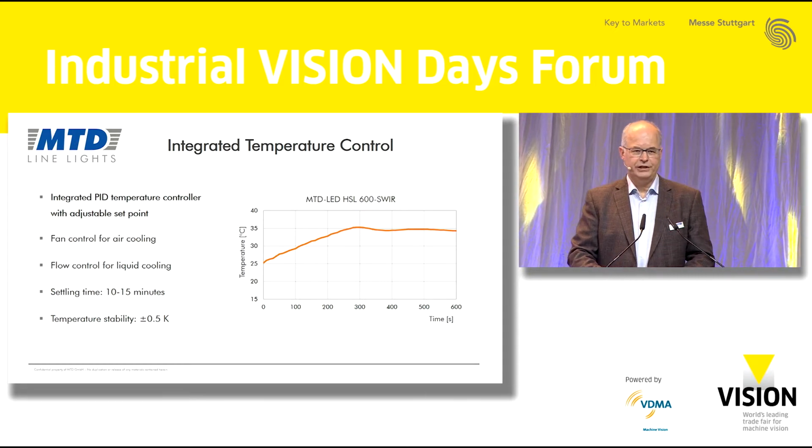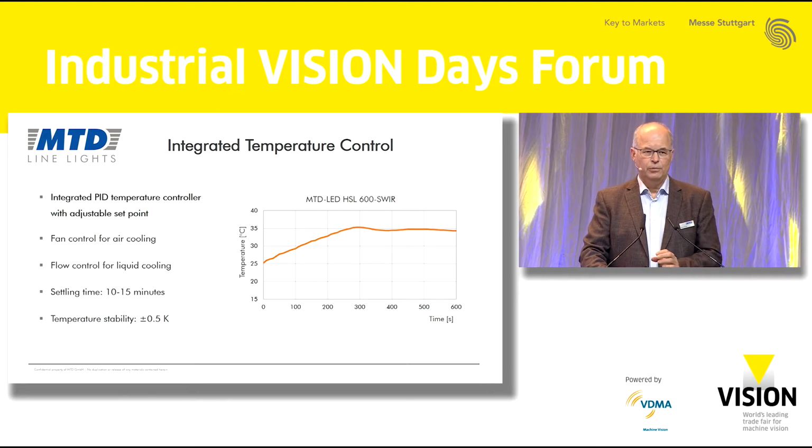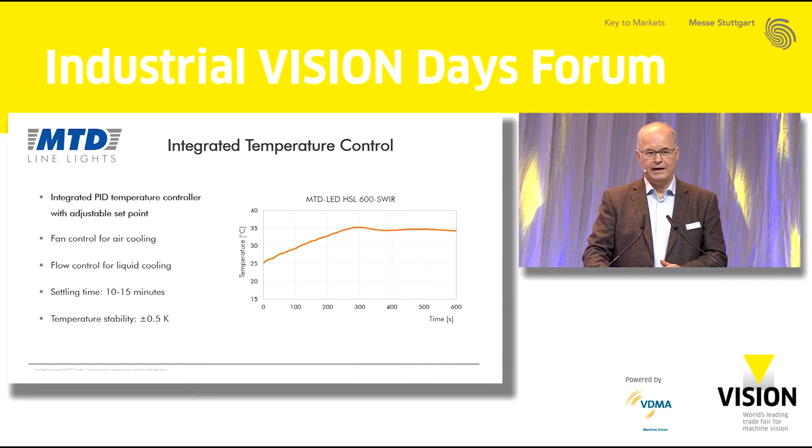A new feature is that we now have the temperature control directly in the light. You can change the set points wirelessly via a kind of web server. This temperature controller regulates the fan speed for the fan-cooled version, or regulates via a flow valve the liquid flow in the liquid cooling plate.